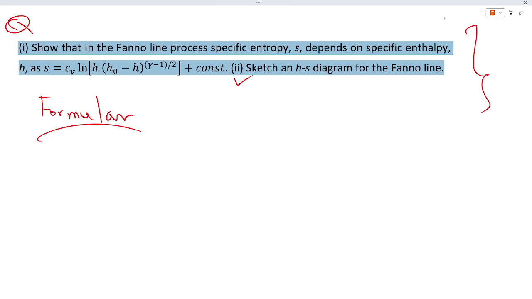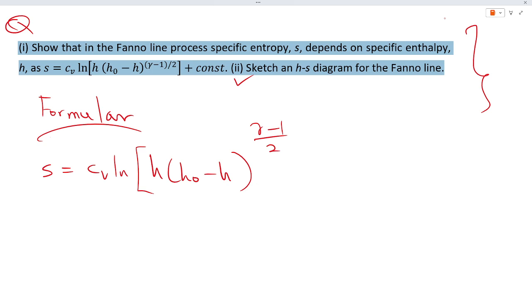Let us not forget that we were given to show that S equals Cv natural logarithm of (H0 minus H) raised to the power (gamma minus 1) over 2, plus a constant.